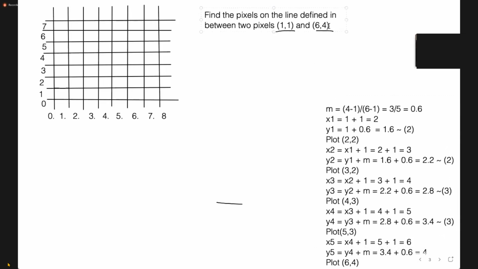Now I will change this one this way: 2, 1 to 6, 7.